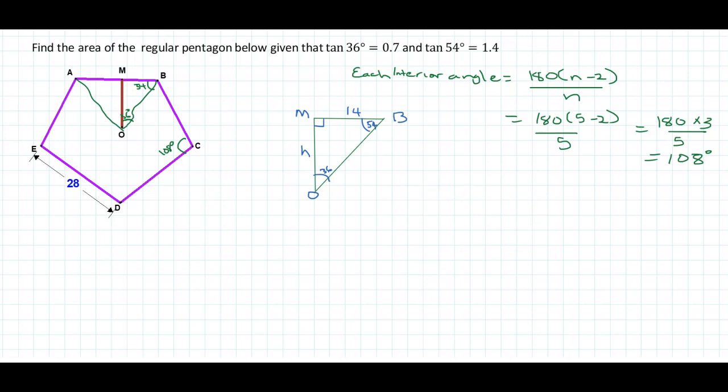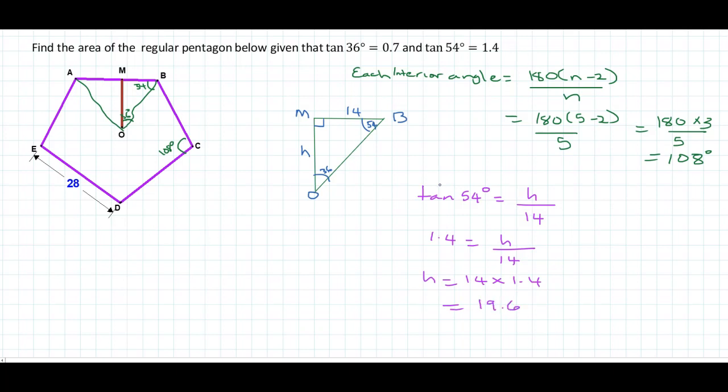So tan 54 degrees is going to be equal to opposite, which is h, divided by adjacent, which is 14. So 1.4 is equal to h divided by 14. So h is 14 multiplied by 1.4, which is going to give you 19.6.